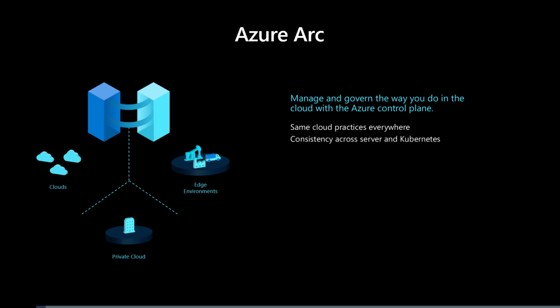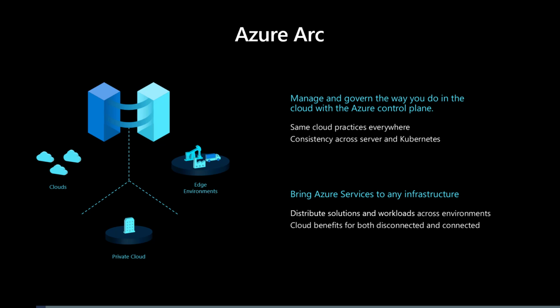You might want to bring those under control in a consistent way using the Azure portal and Azure Resource Manager. So you take what you have and you project it into the Azure control plane. That's one piece of the Azure Arc puzzle.